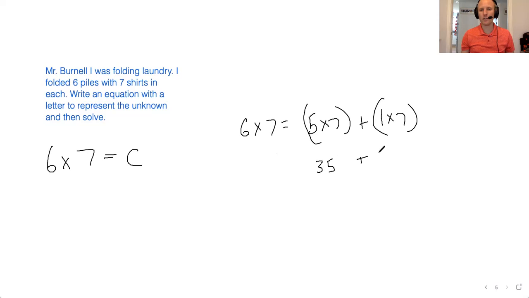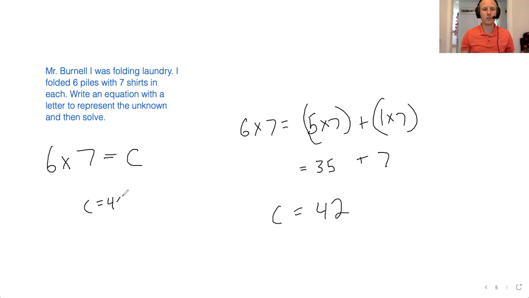And I know 1 times 7 is 7. So now all I have to do is add 35 and 7. So I took a fact that I probably didn't know as a 3rd grader, but I broke it into two things I did know. And I can add those together really easily and find out that C equals 42, because 35 plus 7 is 42.